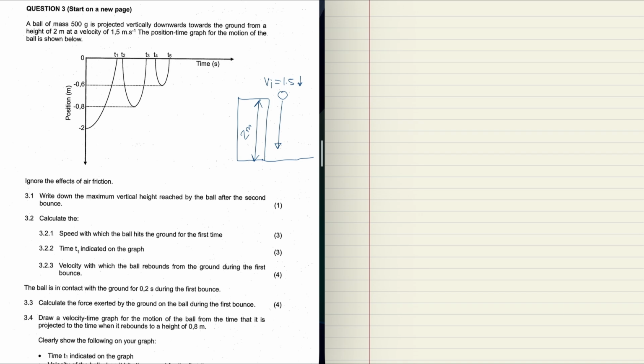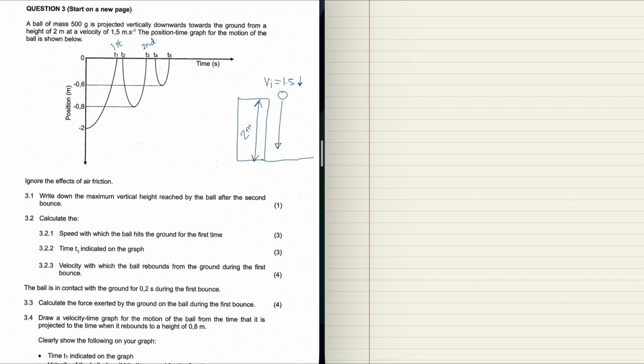And we can see that there is a gap here, meaning that's going to be contact time. And also we can see that the ball is bouncing. So it hits the ground, it bounces, it reaches a certain height, and it bounces again and it reaches a certain height. So this is going to be the first bounce, and that's going to be the second bounce.